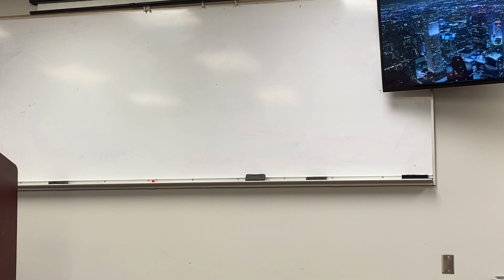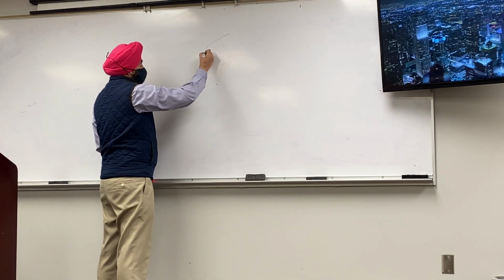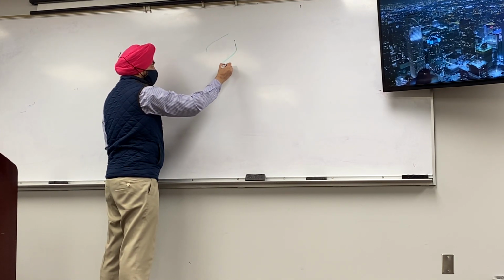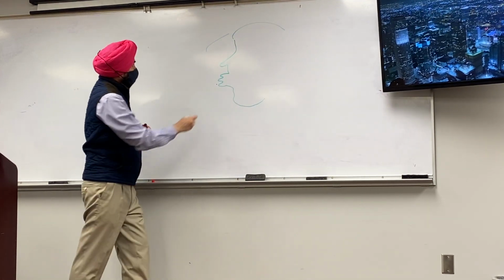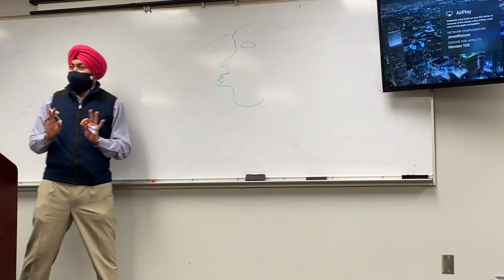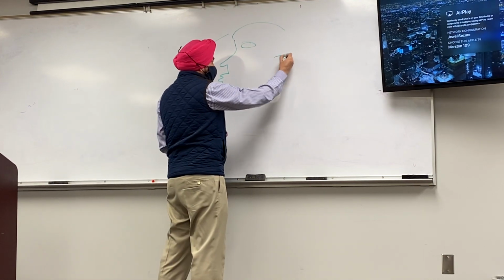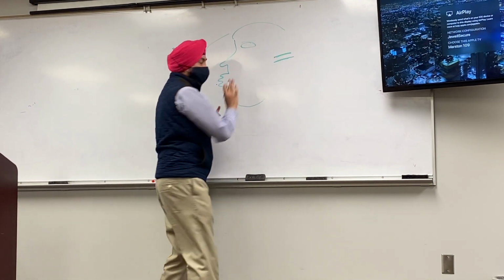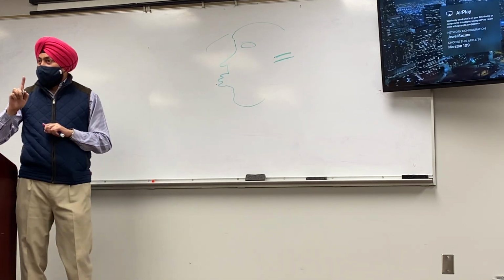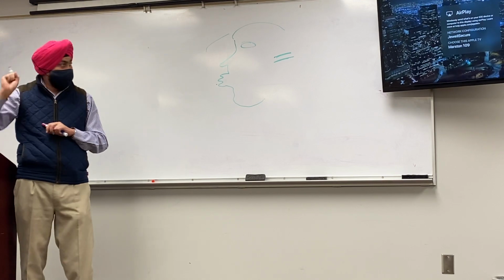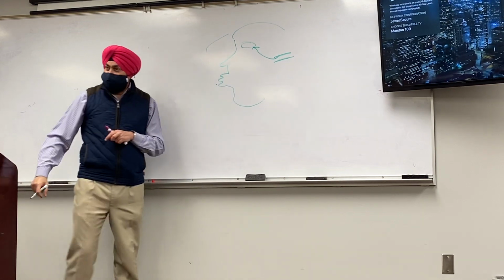So let me just give you a very simple example. I want to draw a face. So this is the face, these are some eyes. A common nerve, a big nerve, comes here, right? I'm forgetting the name of the nerve. Now that single nerve is coming there. That nerve goes to the eye, the optic nerve.